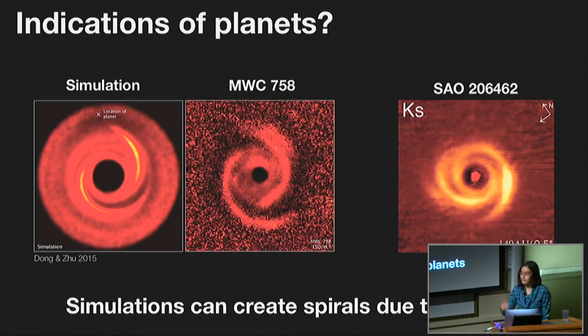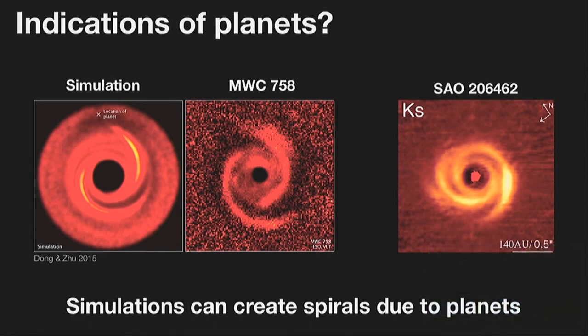And they said, I think I can. And so what they found is that by adding a planet into the system, and not just some perturbation from some theory that we had before, that by putting a planet up where you see that X, that could explain those spiral arms. And it's very hard to get spiral arms in other ways without having a planet there.